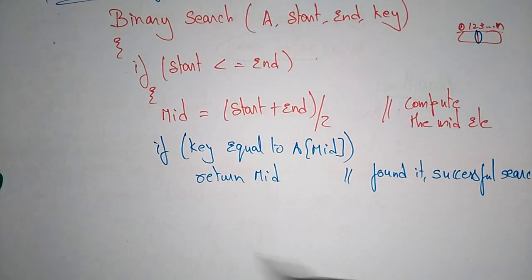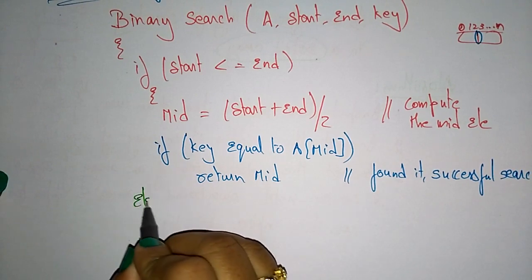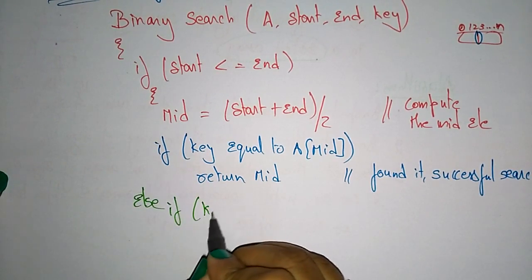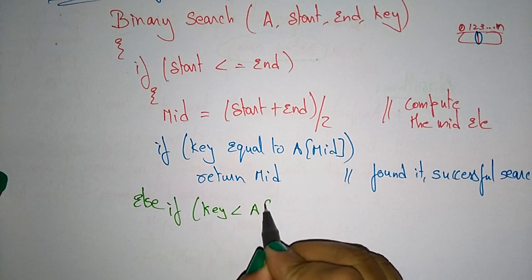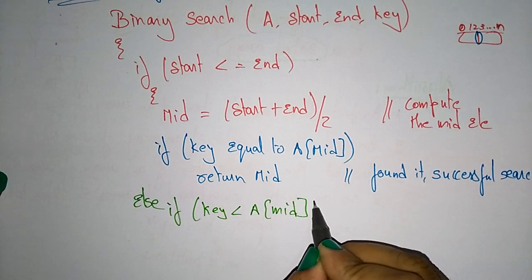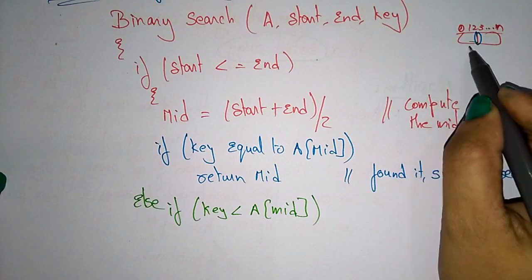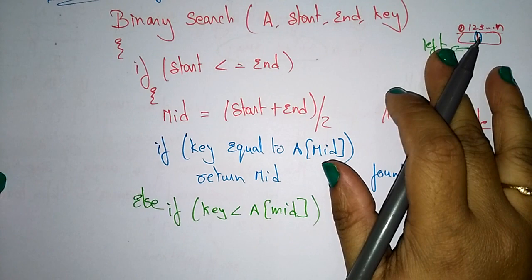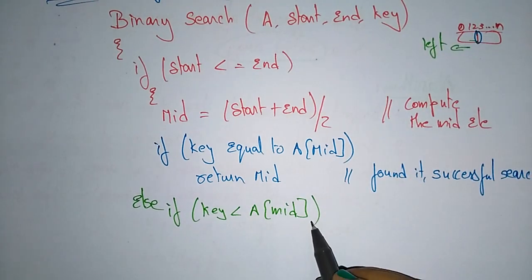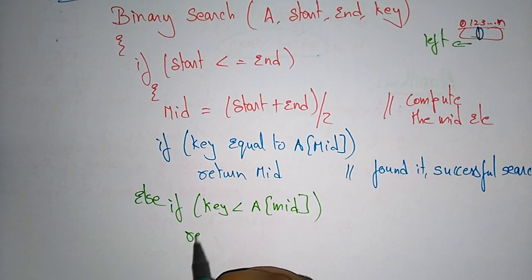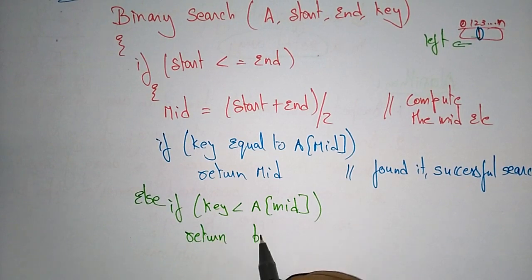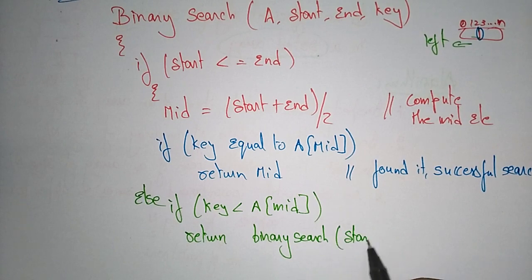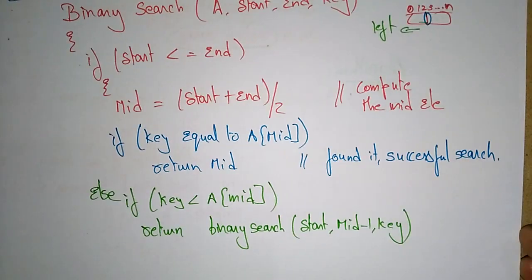Else, if key is less than A of mid, it means the value is present in the left hand side of the array. So if key is less than A of mid, then return binary search of A, start, mid minus 1, key.